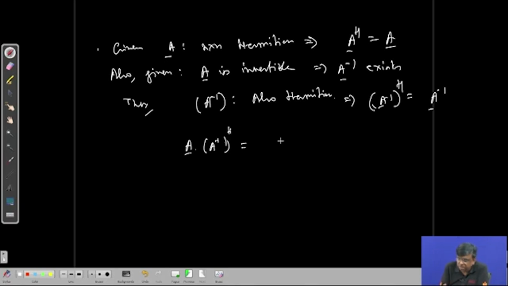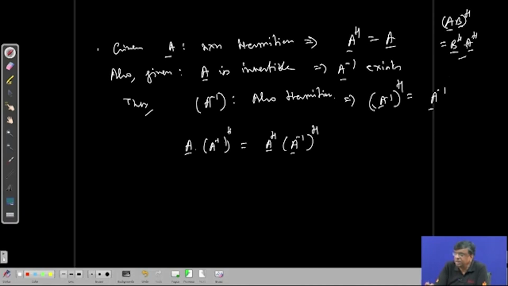This I can write as A is nothing but A H, because A H is A, and then A inverse H as it is. We have seen (AB) H is B H A H. We can go in the opposite direction.